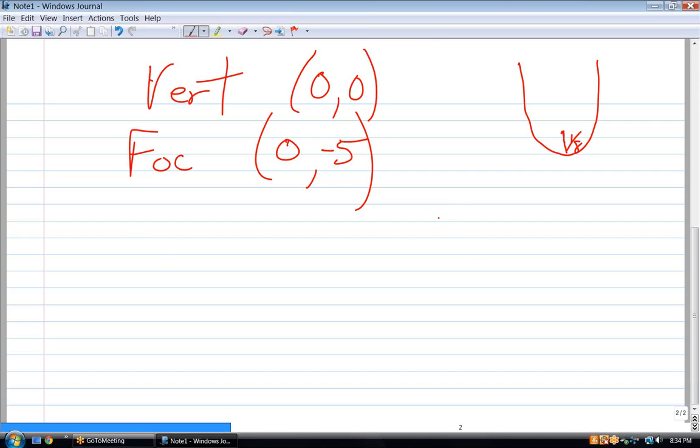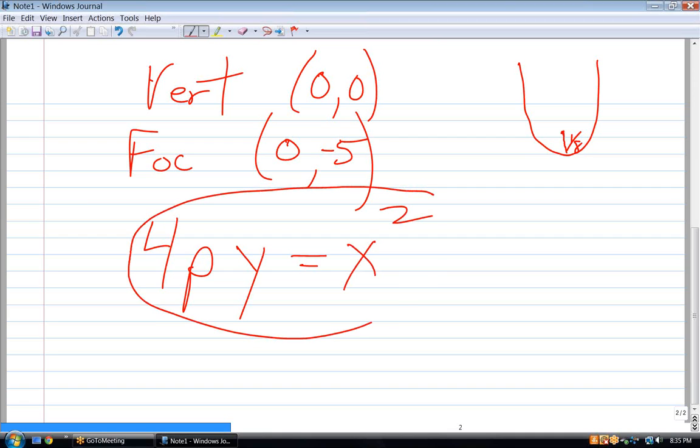So what's the general format? 4px equals y squared. What's the general format with the p in there? 4py equals x squared. Remember the 4p goes in front of the variable that is not being squared. That's the general format that we're looking for.